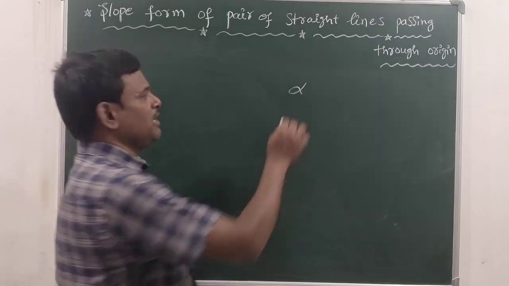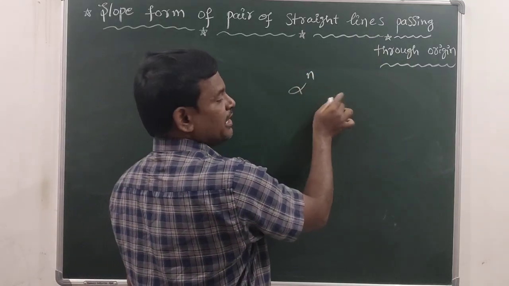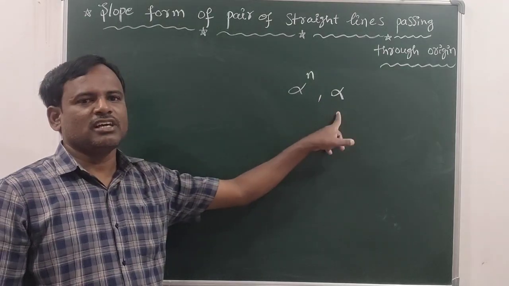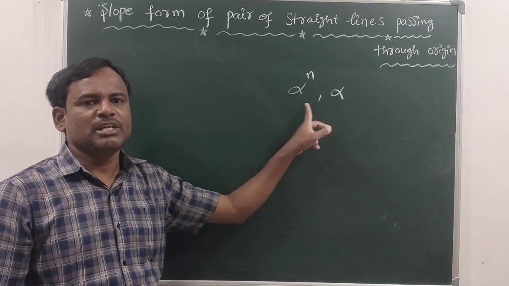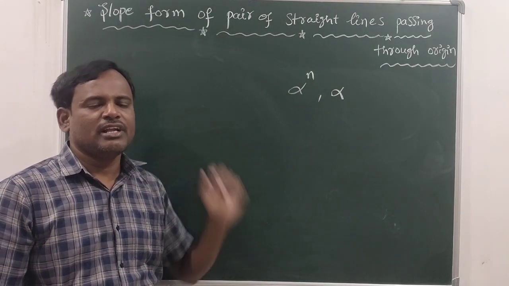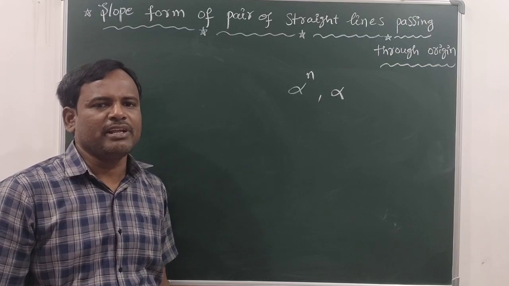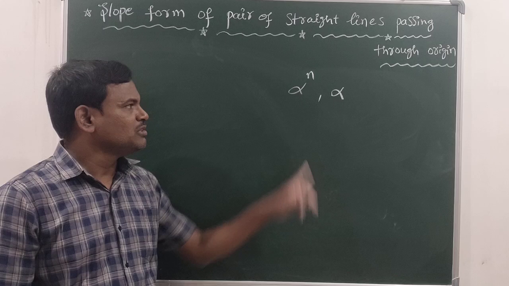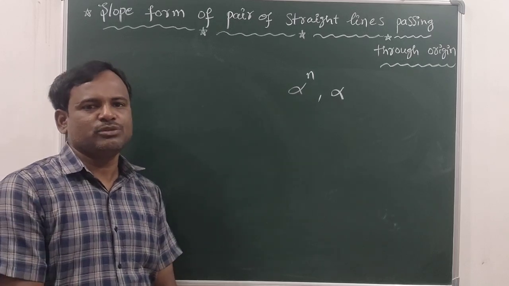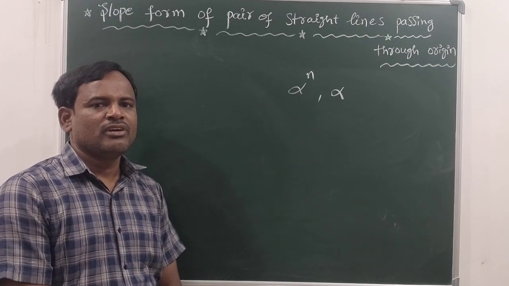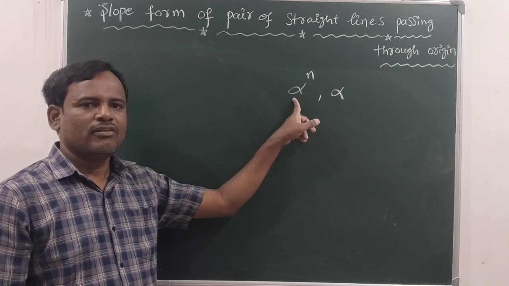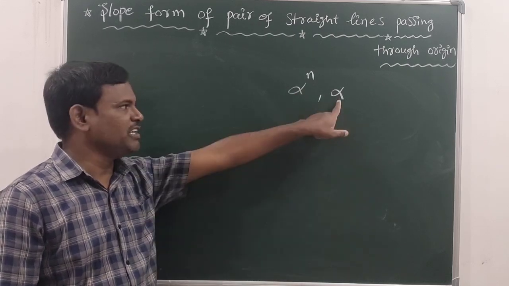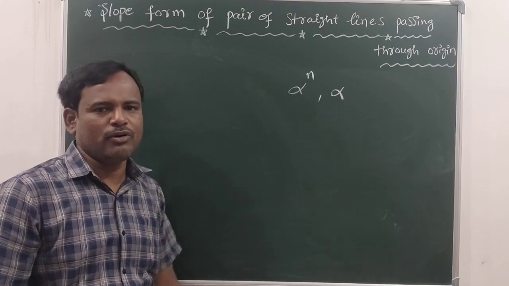So the slope of one line is nth power of the other. These represent the slopes of the lines represented by the given pair, ax square plus 2hxy plus by square is equal to 0. So how are these two slopes? The slope of one line is nth power of the other. Here if it is alpha, then it is alpha power n.